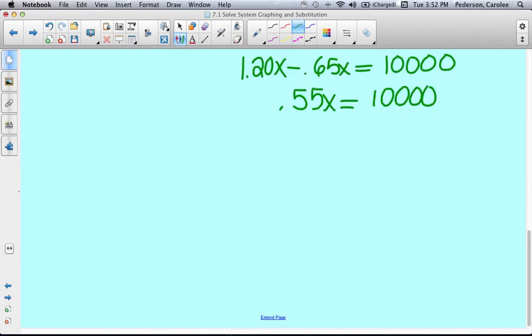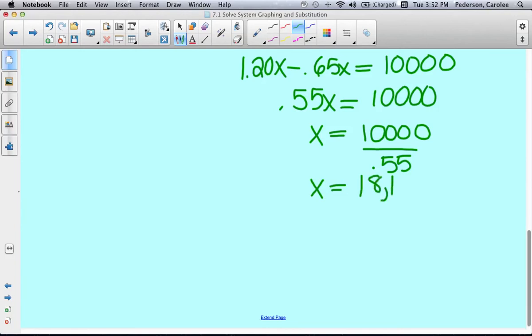Then divide both sides by 0.55. And x equals approximately 18,182 units. So in order for this company to break even, they need to sell 18,182 units, and that's your break-even amount.